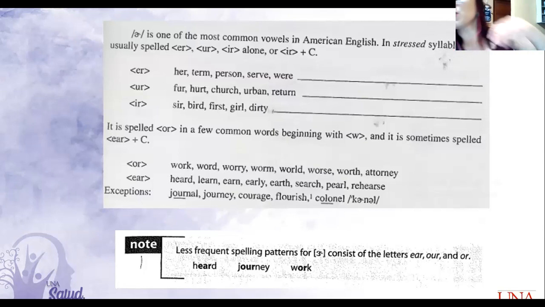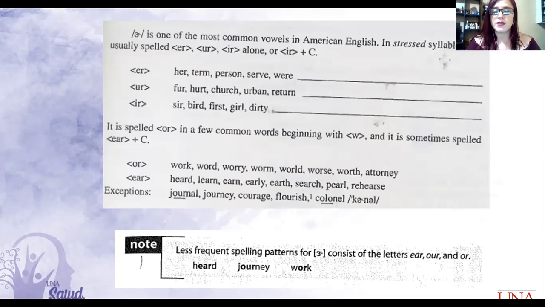You can place the paper in front of your mouth and make sure that if you move the paper, it's because you are aspirating the sound as it should be, because this is a stop sound. Stop means there is a blockage of the air stream coming out of your mouth. When you do the t, there is like an interruption there, okay? So when you do this term, you are supposed to move the paper. You do term, the same with person, okay?